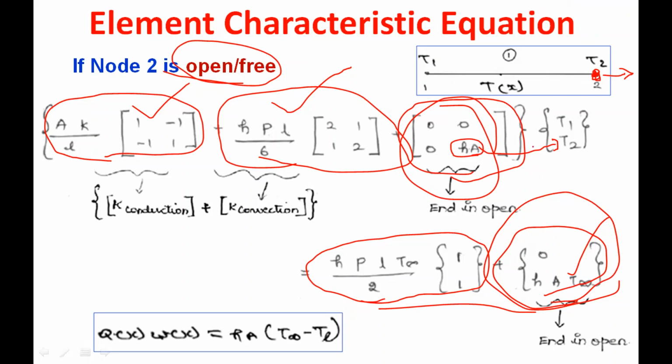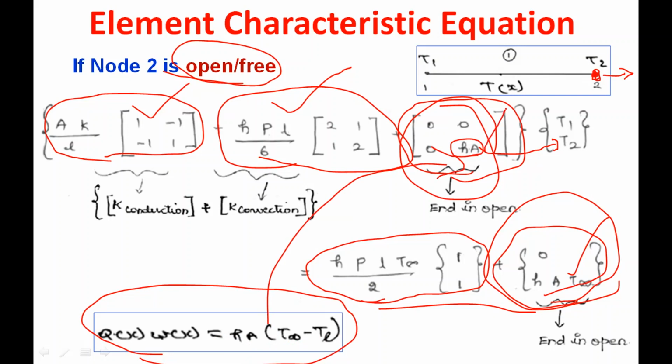We will see that when we solve the example problem. Here the boundary term, which we have already defined, Q of x, W of x equals HA times T infinity minus TL, is considered here. HA TL is taken in the stiffness matrix, and HA T infinity is taken as the thermal load.